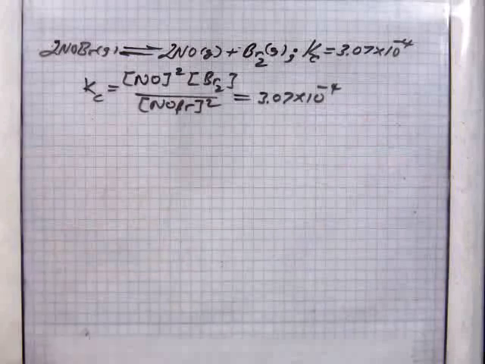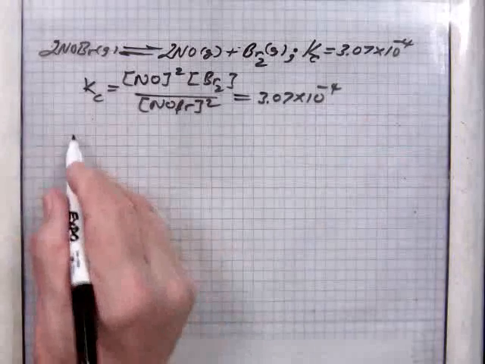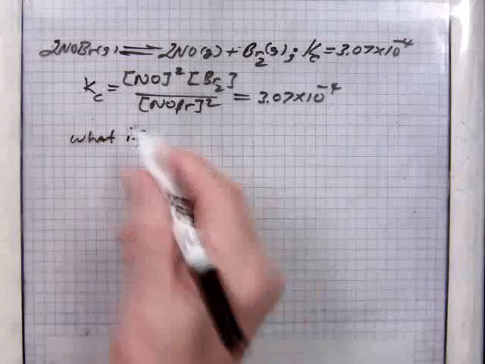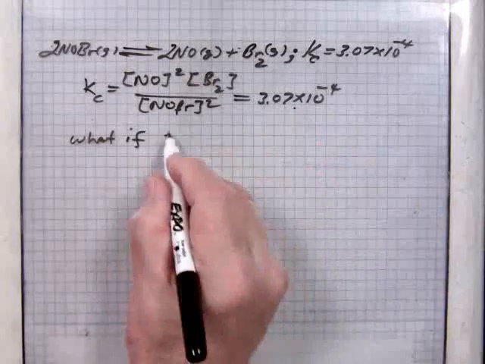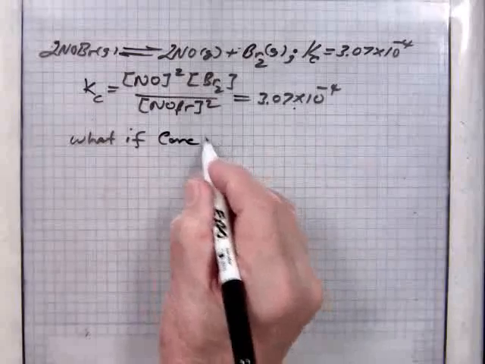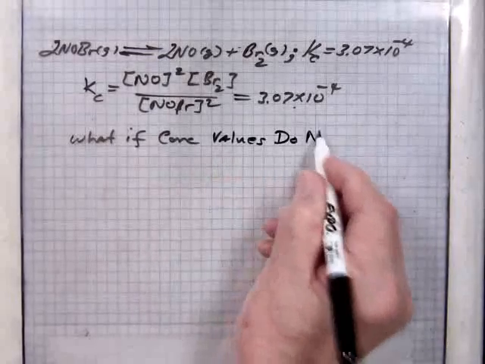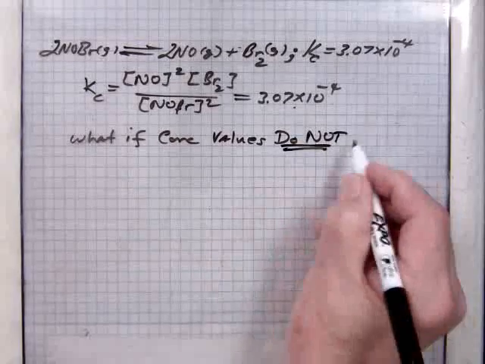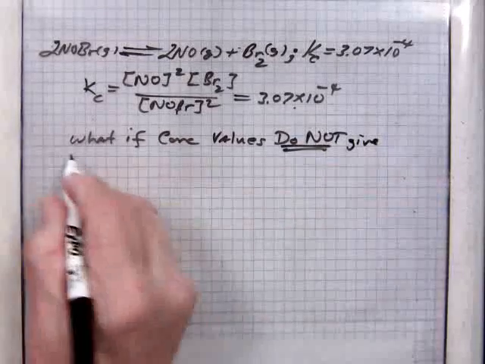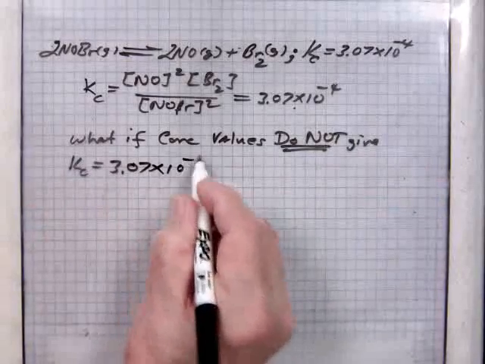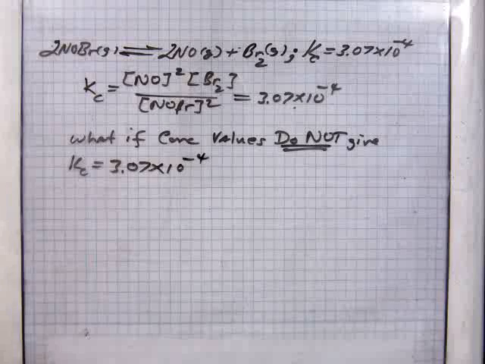All right. The question is, what if the concentration values do not give Kc equal 3.07 times 10 to the minus 4. What does that tell them?